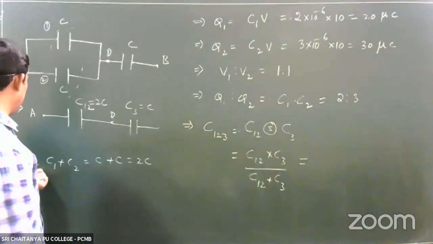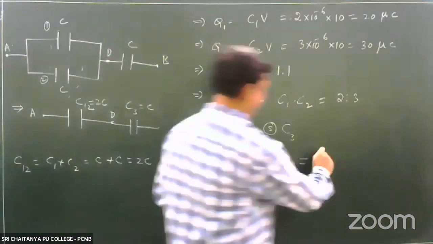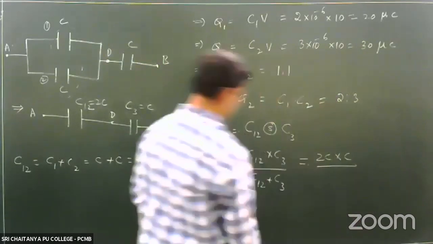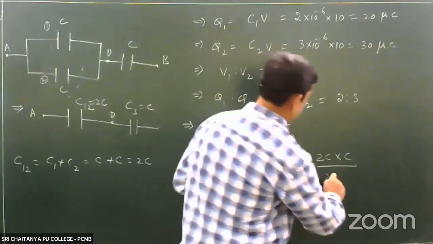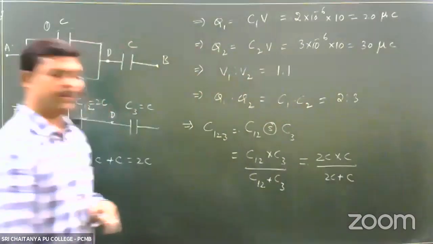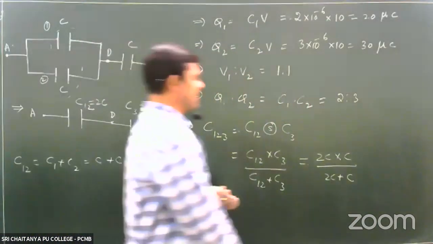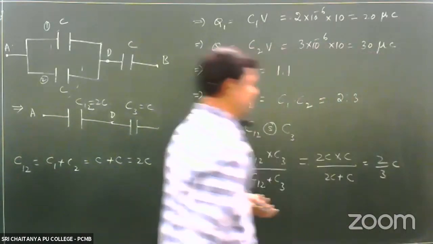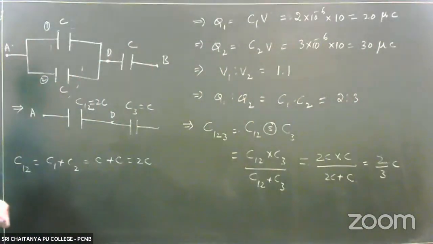Then what is C12? 2C. C3 is what? C. So 2C into C by 2C plus C. Well, so what is the answer? 2 by 3 C. Yes or no?